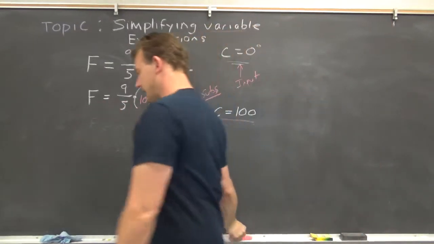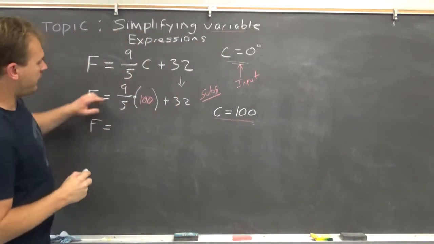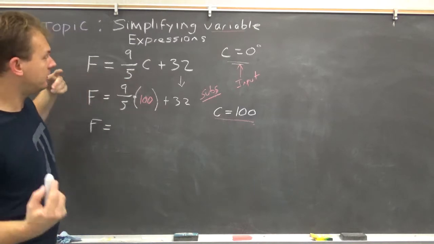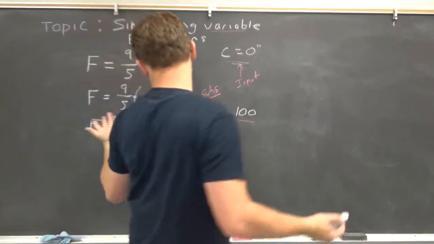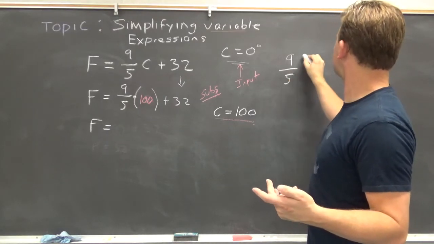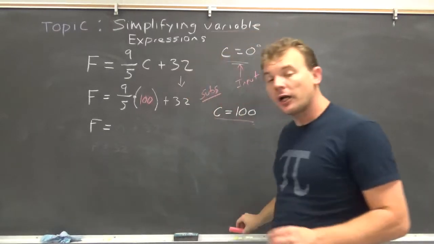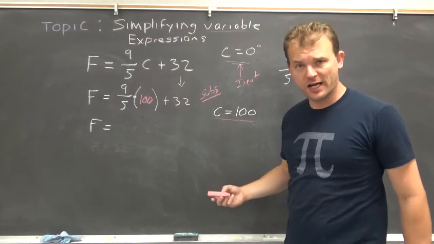So what if I did this? F equals, well, now you have a fraction, and many students don't like fractions. I don't know why, but really you have 9/5 times, well, how do you write 100 as a fraction?